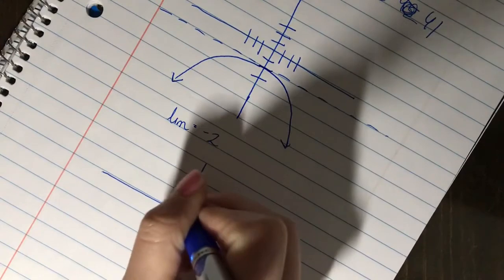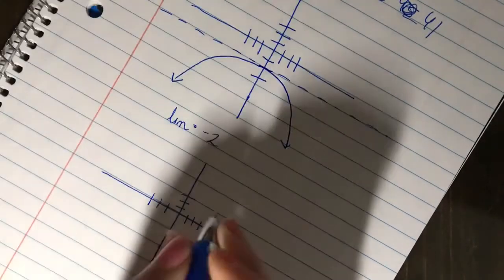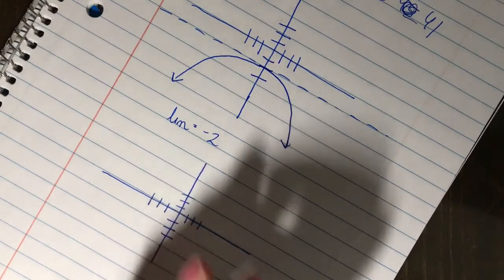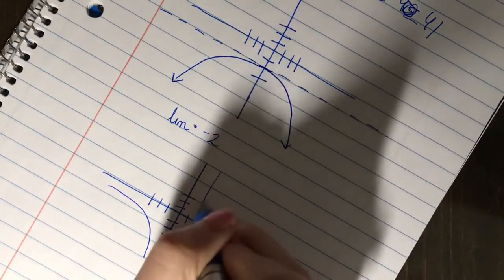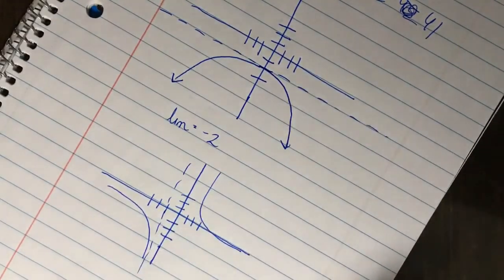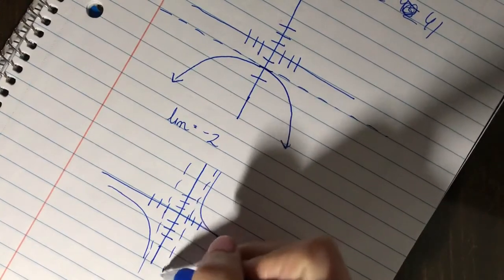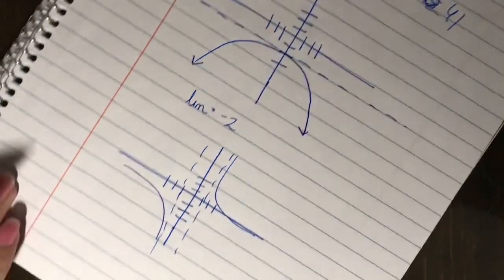I can't remember what the graphs look like for the limits that don't exist, but I know there are situations where you can have multiple limits. Like if you have a graph that looks like this, then you would have a limit here, and you would have a limit here. So those would be your two limits. But I can't remember how to graph the limits of things that don't exist.